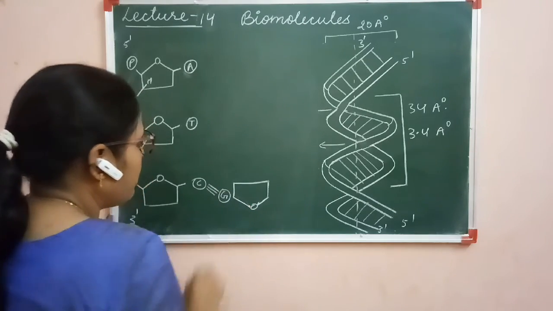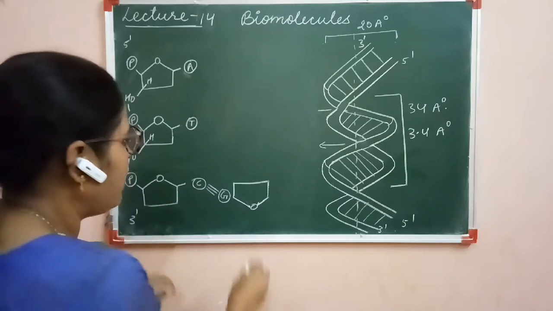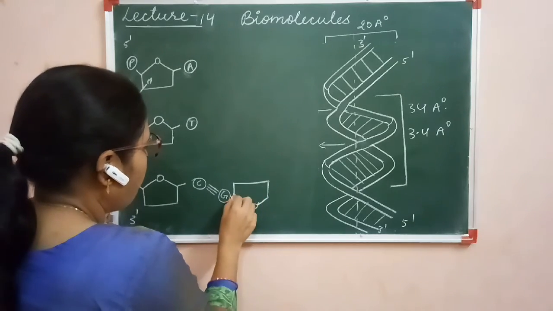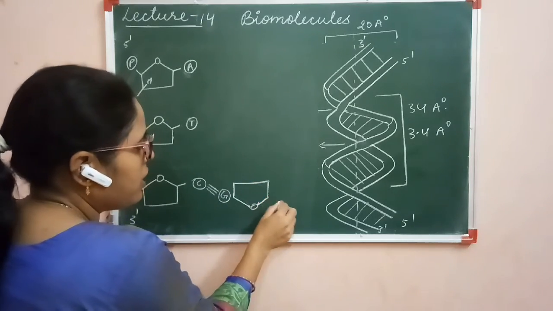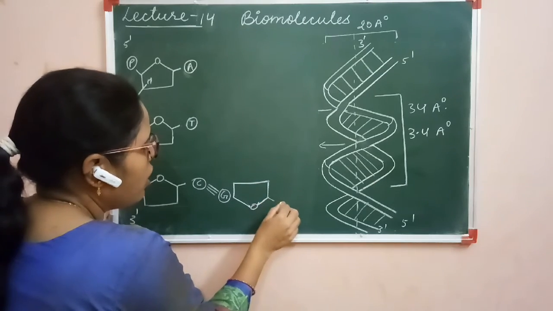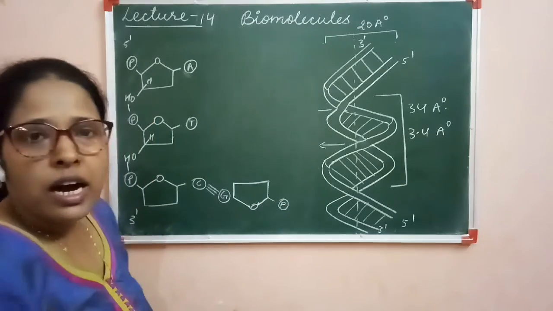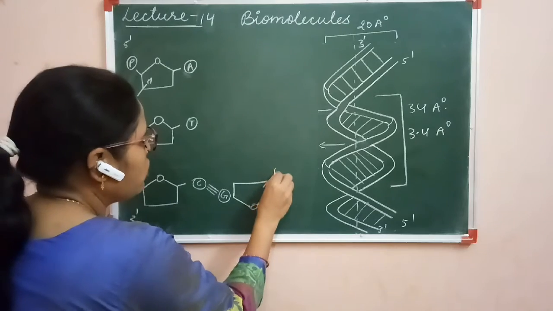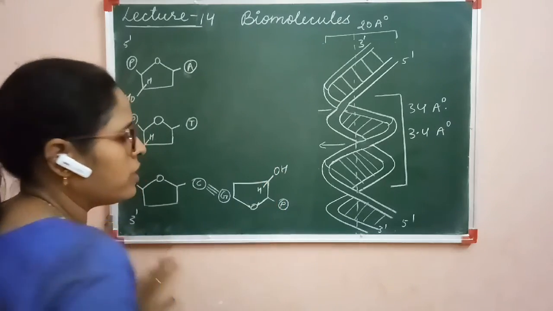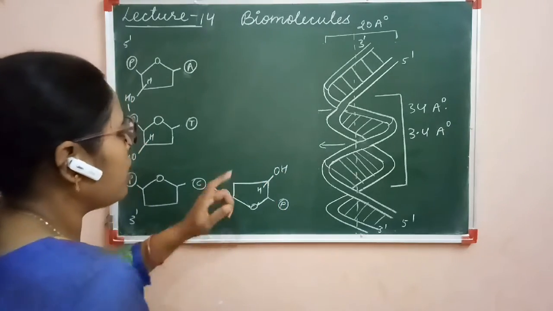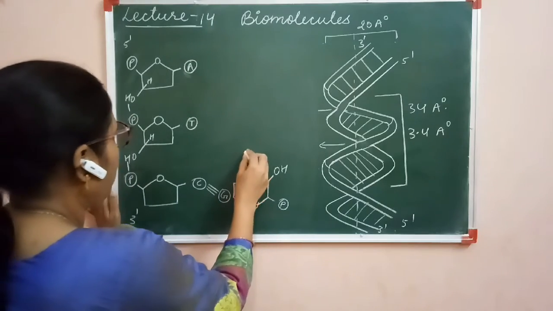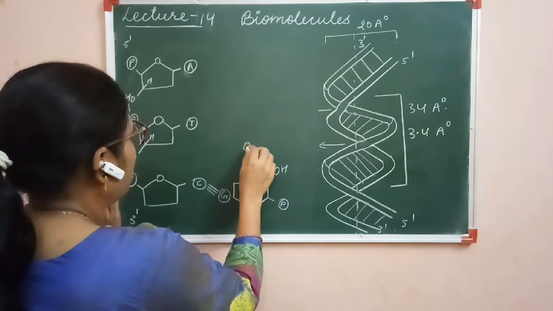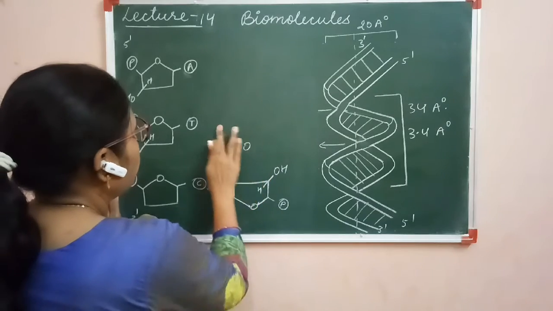So in between, triple bond is present, and here 1, 2, 3, 4, 5th carbon is there, and at this 5th carbon phosphoric acid is found attached. Here the OH group, the functional group at the 3rd carbon. Clear?